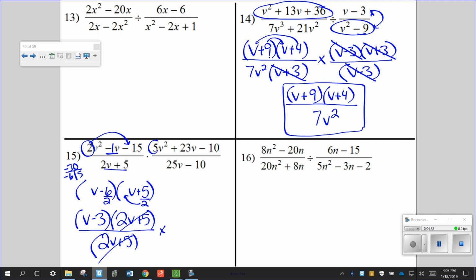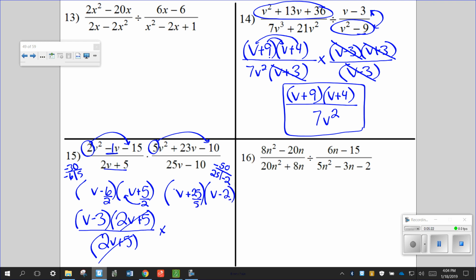So 5 times negative 10 gets us negative 50. I need factors of negative 50 that add up to 23. That's a positive 25 and a negative 2. So I'll write v, leaving a little space, plus 25 times v minus 2.